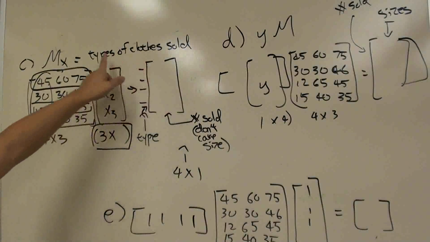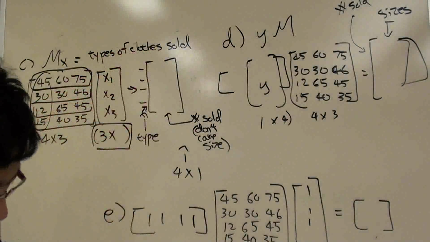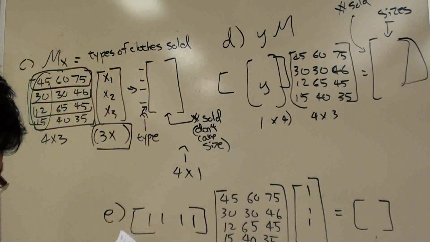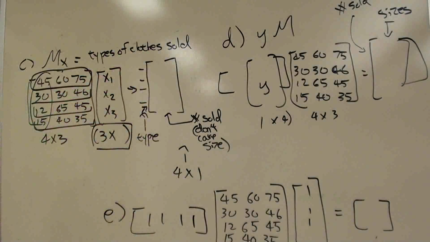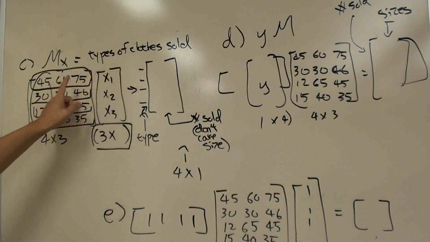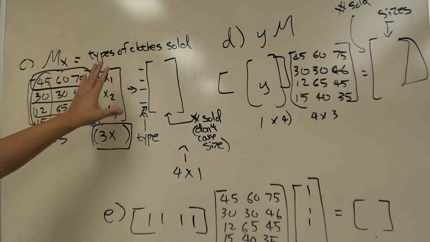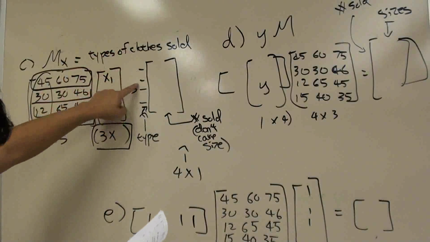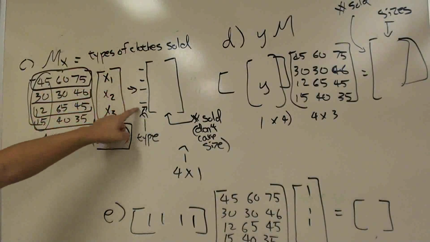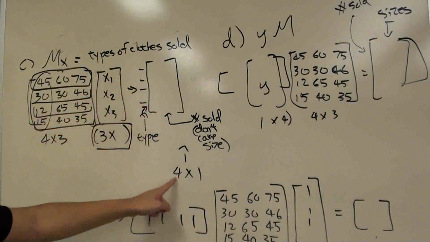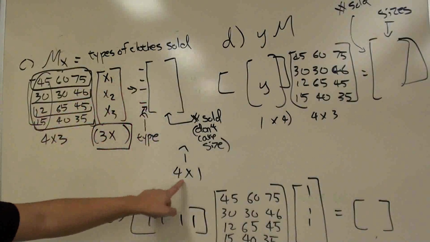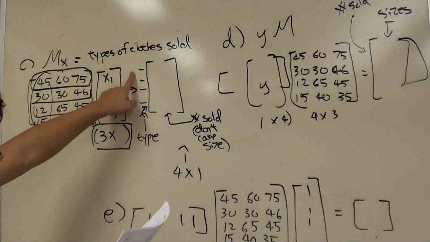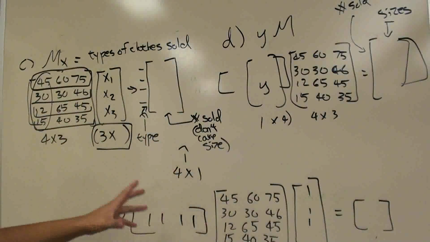Because overall it should be types of clothes. What does it say specifically? It says list of number of shirts, jeans, suits, and raincoats sold in May. So they want all the different types of clothes sold, right? So the first row should be shirt, jean, suit, raincoat, right? So there should be 4, which makes sense because we do get 4 in the beginning. How do we get 1? For shirt, how many shirts are sold? Does it say what sizes are sold, anything like that?